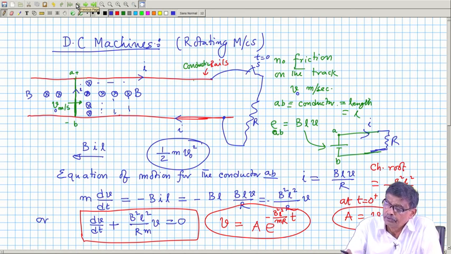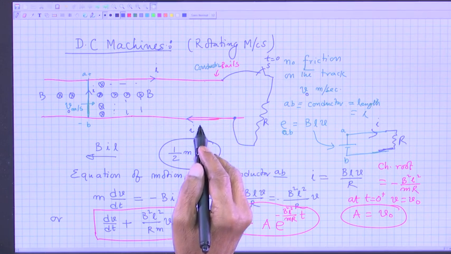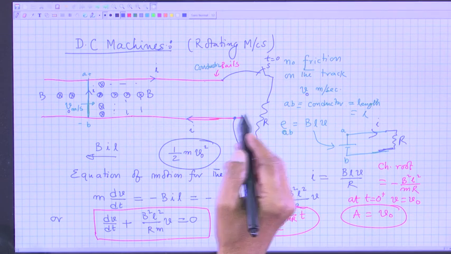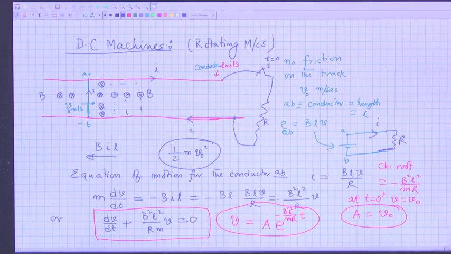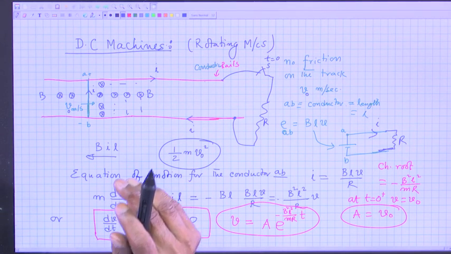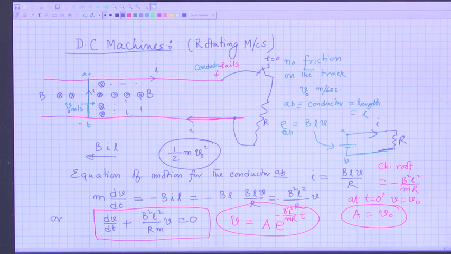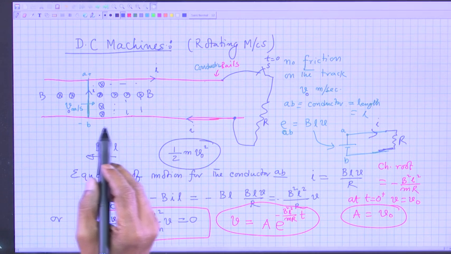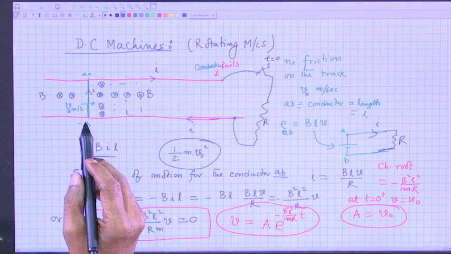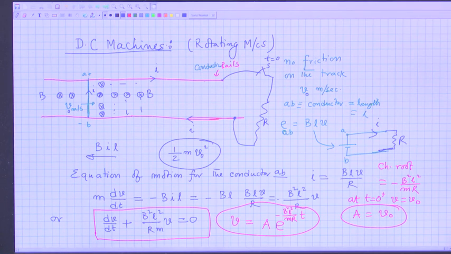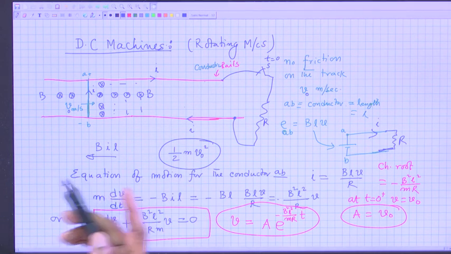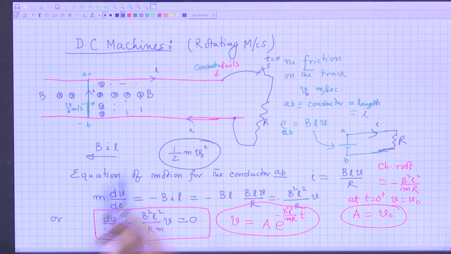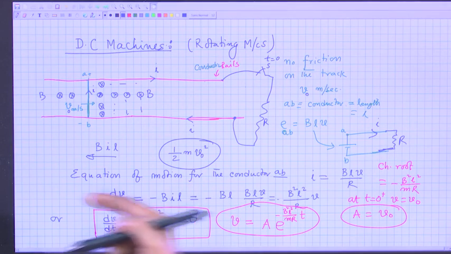That means I want to get a constant voltage here with some load being supplied, with the switch closed, and at that time I must maintain the velocity. See, if I say that my velocity will remain V naught with this switch closed, then there will be an opposing force coming in.